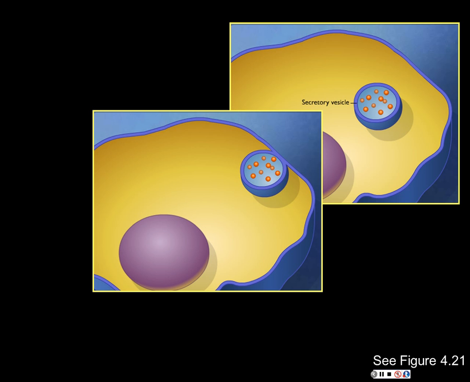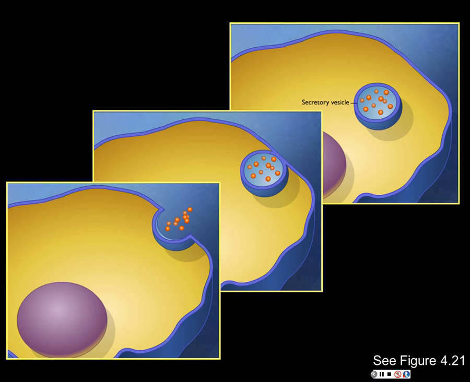At that point, the phospholipids will interact. And so now the vesicle actually becomes incorporated where? In the cell membrane. And what was originally just isolated is now dumped out extracellularly. So this is called exocytosis. And we'll use this a whole heck of a lot in the second unit, looking at our neurotransmitters.